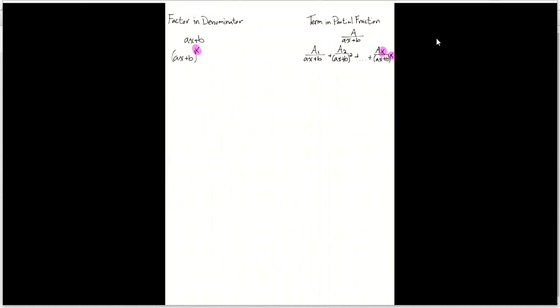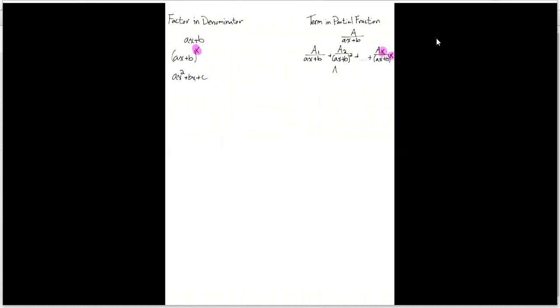Sorry. So now, what if we have something that's not just an ax plus b, but rather an ax squared plus bx plus c? That's the factor in our denominator. Well, it's not as simple as the first one, but it's not too bad either.